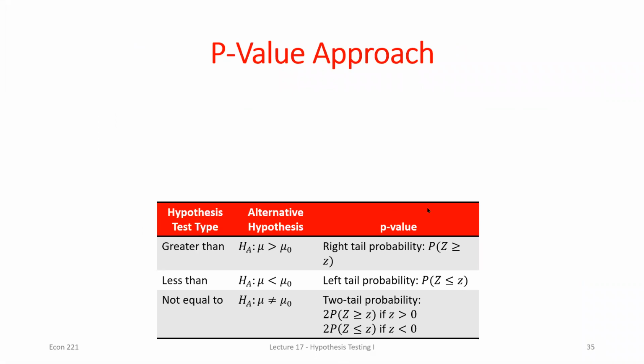Okay. So when we want to use this p-value approach to figure out, is the sample mean I saw inconsistent enough with the null hypothesis that I can reject it? Well, it's going to be a little bit different for different types of tests. This will probably make a little more sense as we work through some more examples.